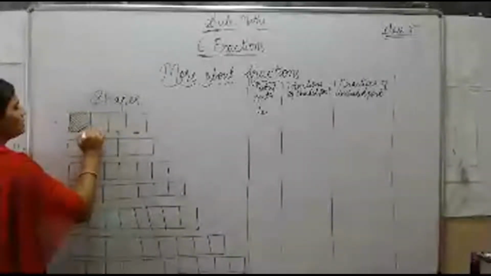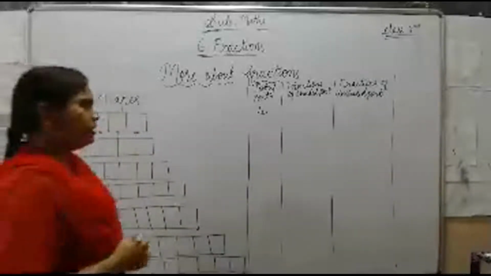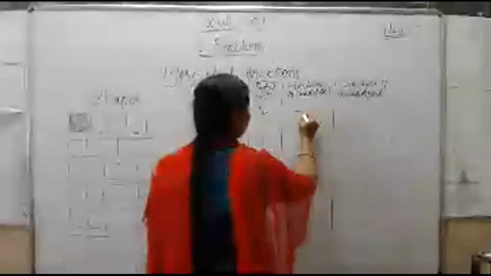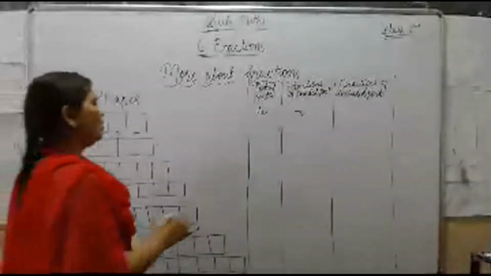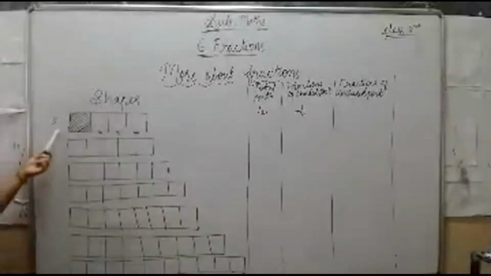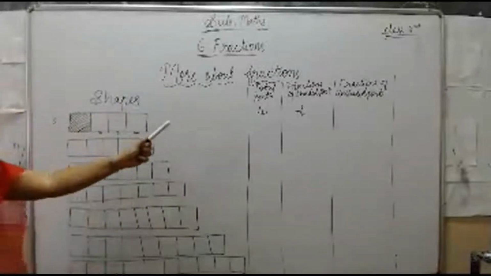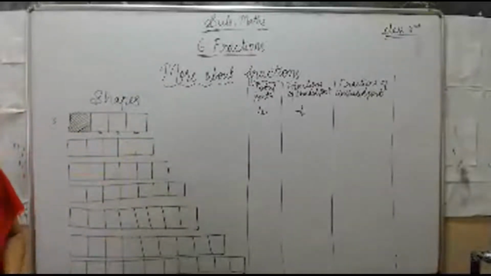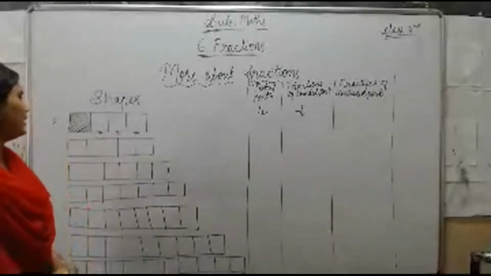How many parts am I shading? Only 1 part. Total number of parts here 4. How many parts have I shaded here? 1 part. Right? What is the shaded part fraction here? That's 1/4.